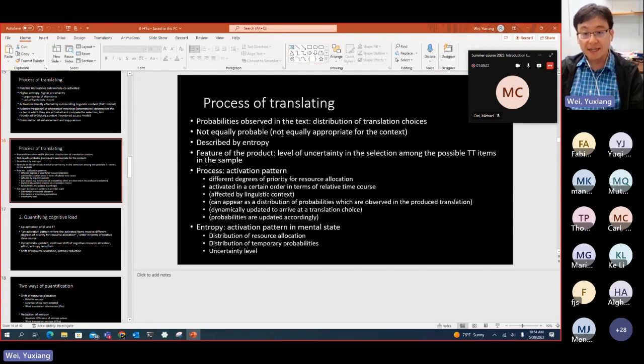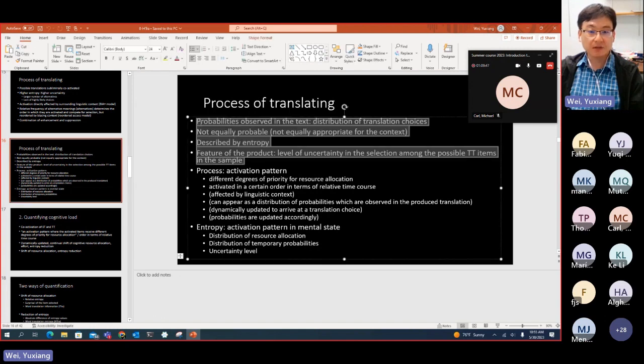In other words, they're not equally appropriate for this particular context, given the source text. And that probability distribution, as I showed in the mathematical equations, can be described by the entropy value. As a feature of the product, this entropy value would indicate the level of uncertainty in the selection among the possible TT items in the sample.